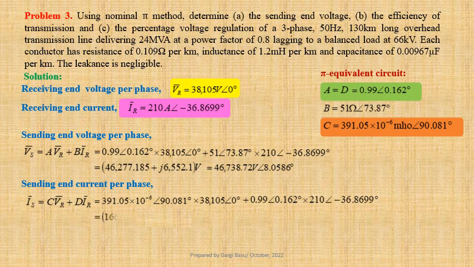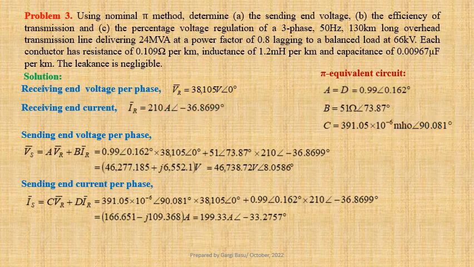That gives us 166.651 minus j times 109.368 ampere. This may be written in polar form as 199.33 ampere at an angle minus 33.2757 degree.